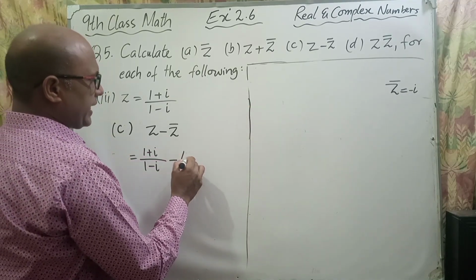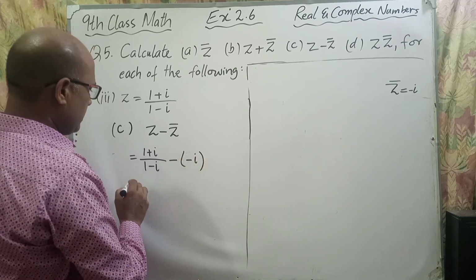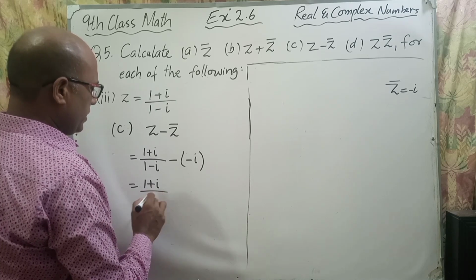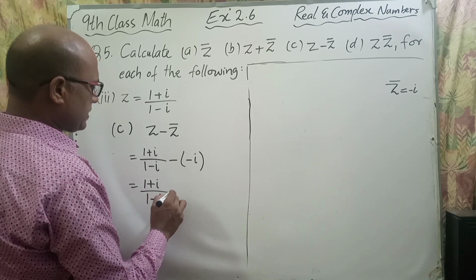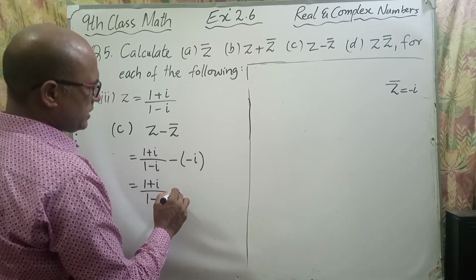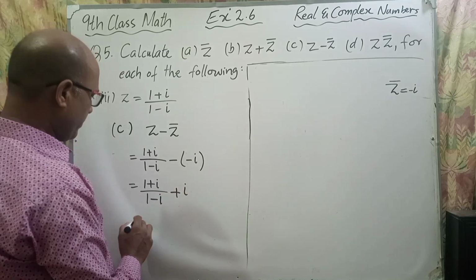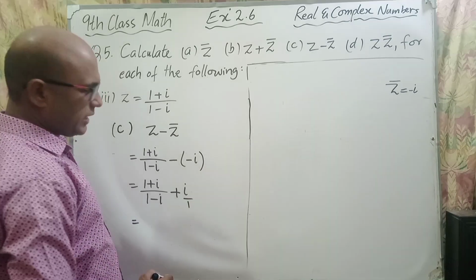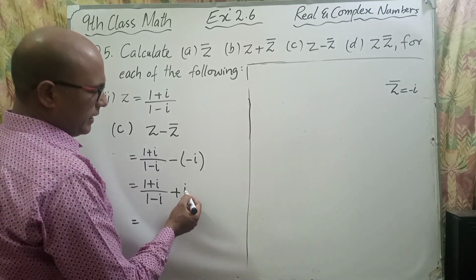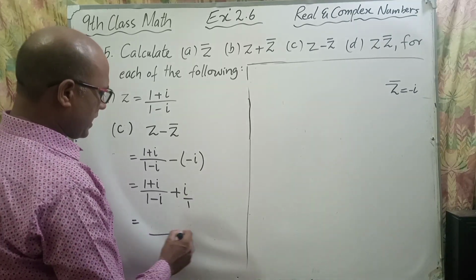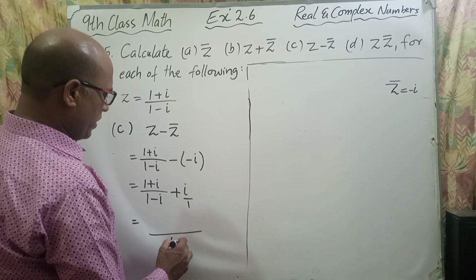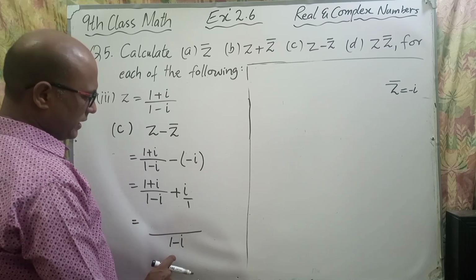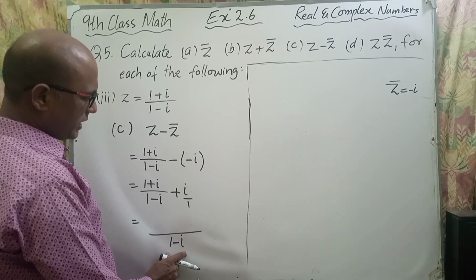We'll write in bracket minus iota, and in the same way we did in part B, we'll open the bracket: minus minus plus iota. And as I told you, there is a denominator under iota, so we'll write LCM 1 minus iota. The only denominator is 1 minus iota.